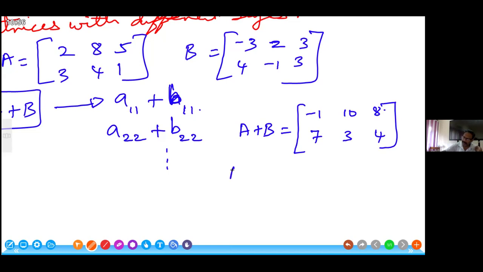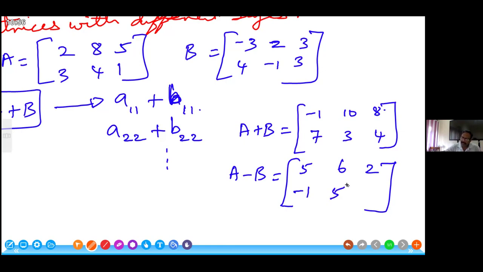Similarly, subtraction, A minus B, follows a similar concept. A minus B or B minus A. Here I have A minus B. So 2 minus minus 3, that is 5. 8 minus 2 is 6. 5 minus 3 is 2. 3 minus 4 is -1. 4 minus minus 1 is 5.